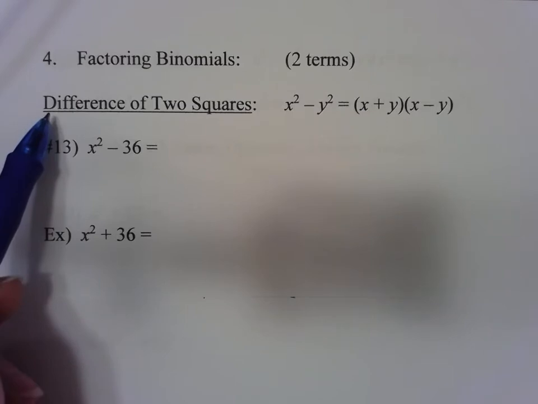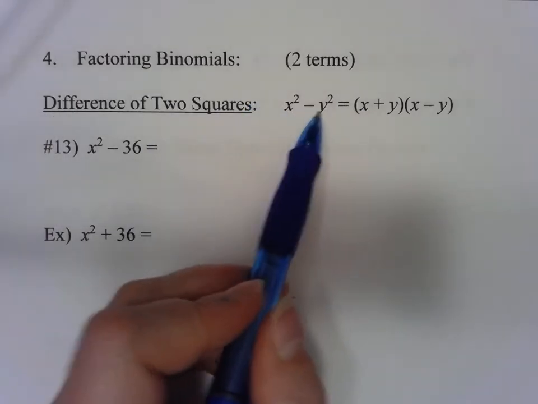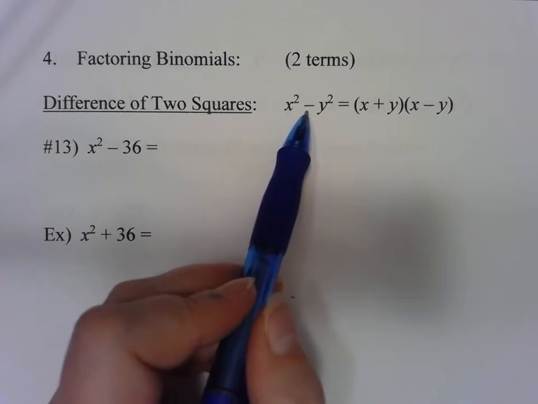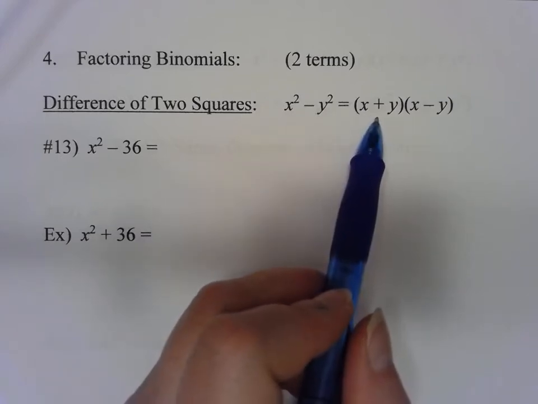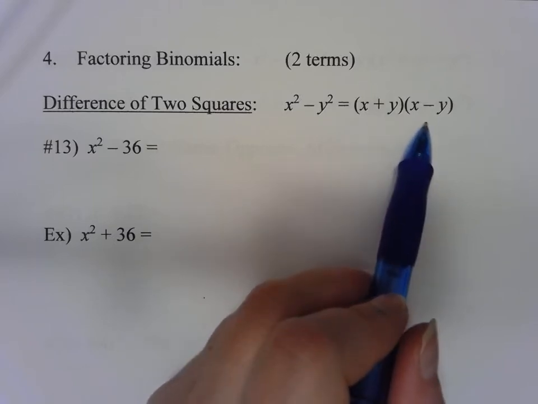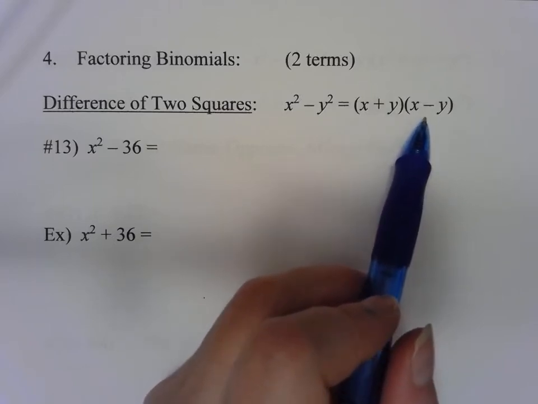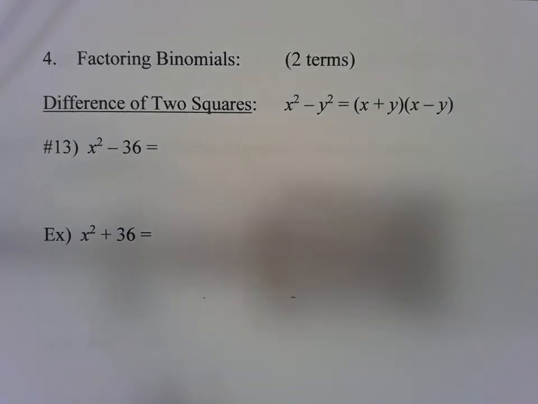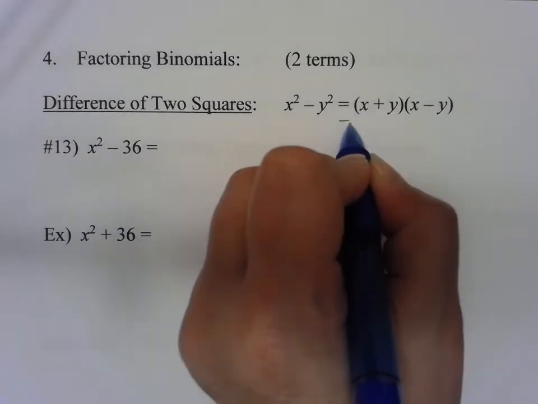The first one is the difference of 2 squares. So this is 2 perfect squares. Difference here means subtraction, right? This is that special kind of multiplying that we were mentioning in the first video in this chapter, right? Where I have one parentheses that has a plus and one that has a minus. The reason this works, let's just do this real quick.